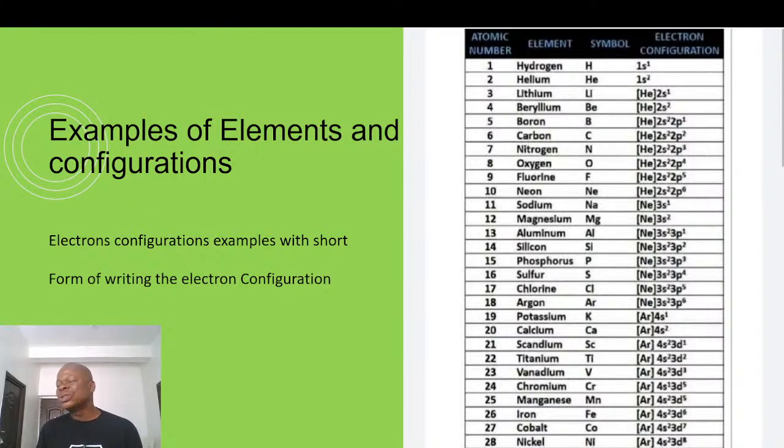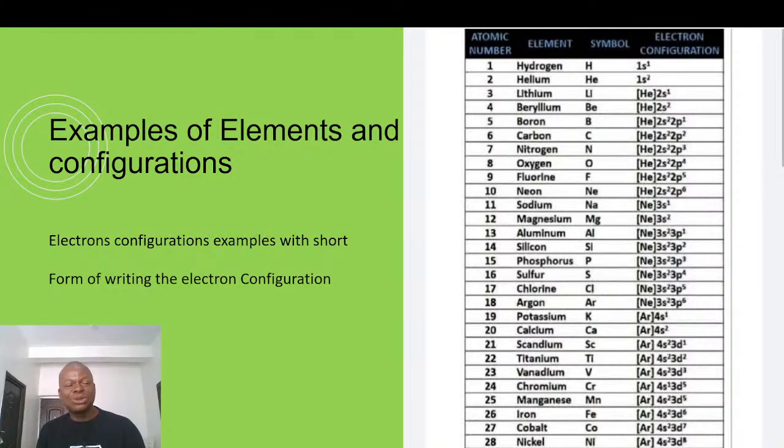Then the next one is magnesium. To write its electronic configuration, I'm supposed to use [Ne] 3s2. Ne stands for 10, plus 3s2, that is 10 plus 2, which is 12.